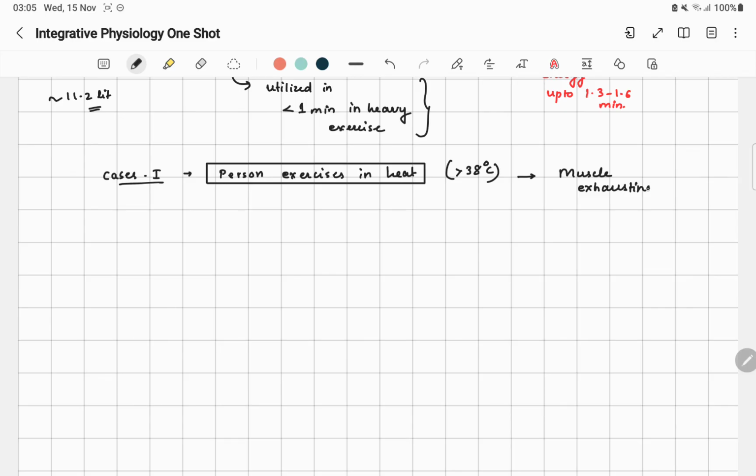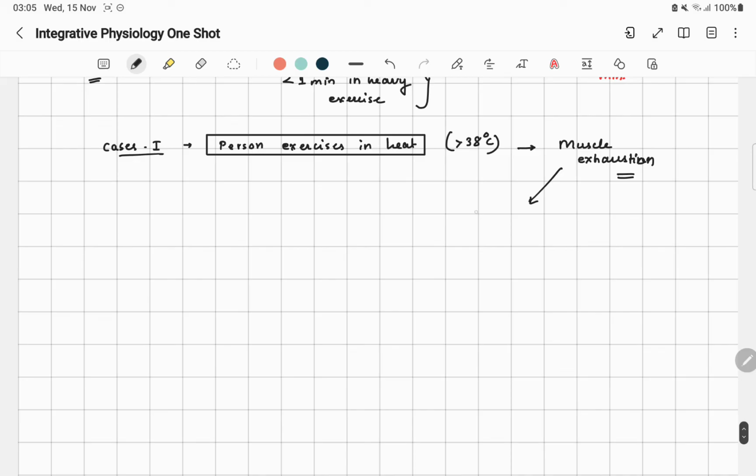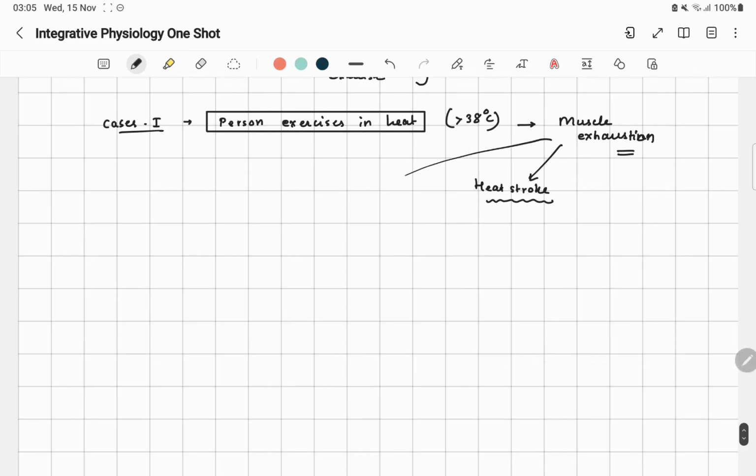Due to this muscle exhaustion, the person can suffer from heat strokes, meaning the body heat gain capacity exceeds the heat loss capacity. It can also lead to exertional rhabdomyolysis.